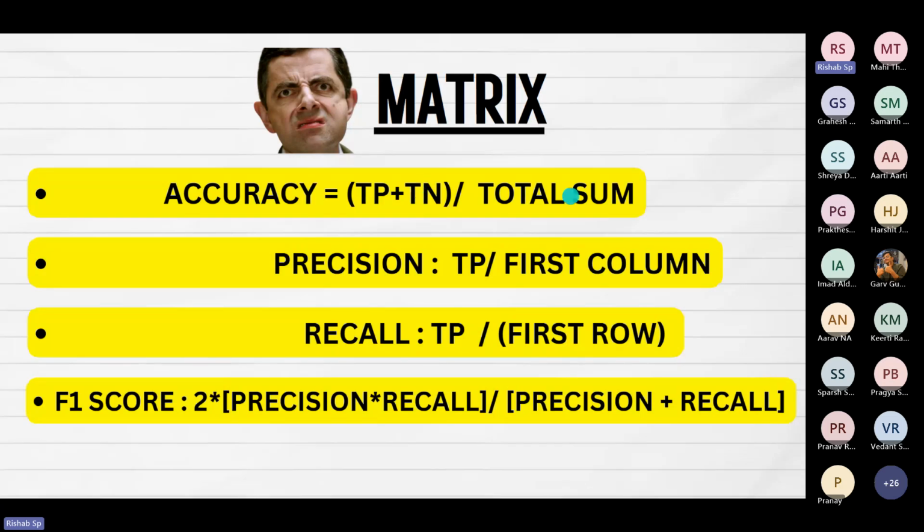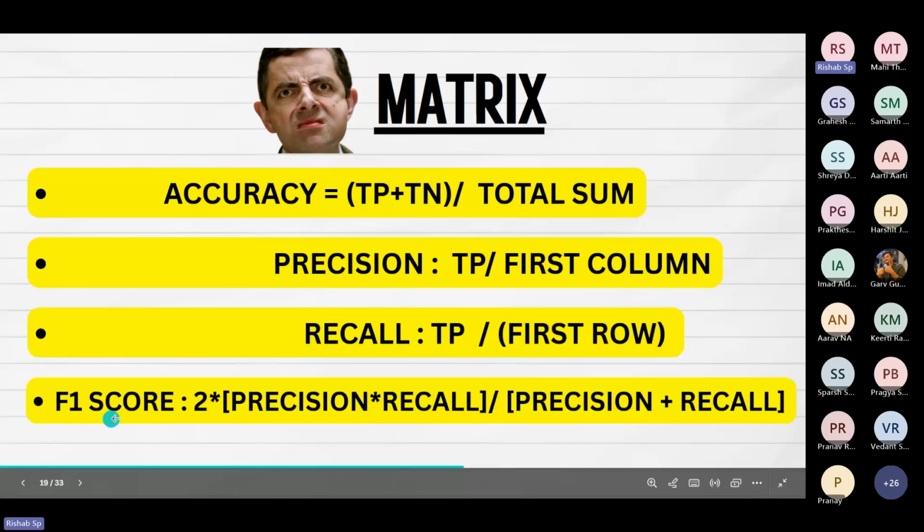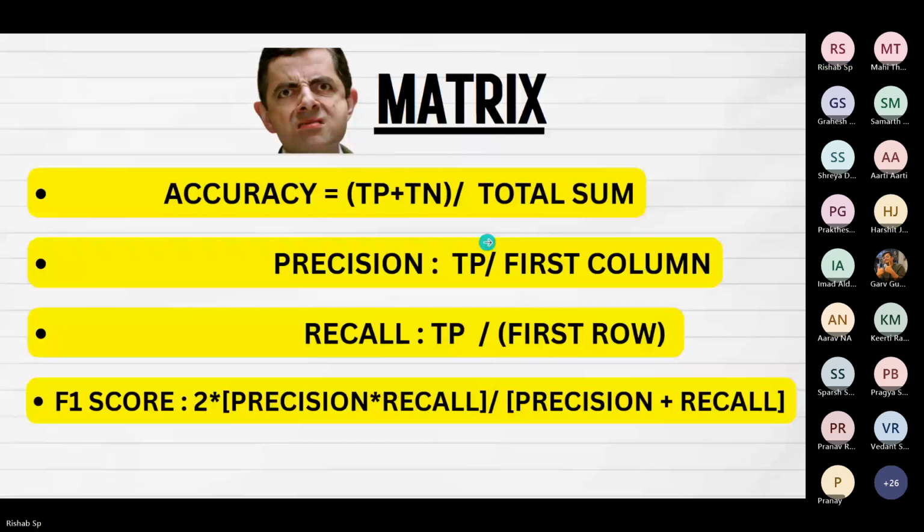For the next two equations, the numerator is TP itself. The denominator for precision is the first column, and for recall the first row. Simple. F1 score is 2 into precision into recall over precision plus recall. So we'll do a question from this too.